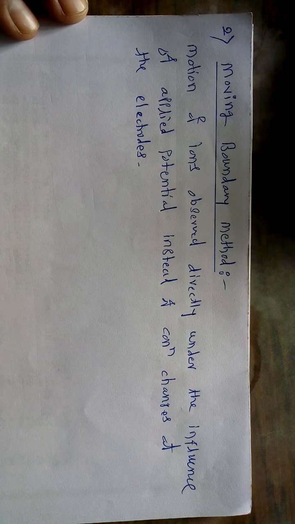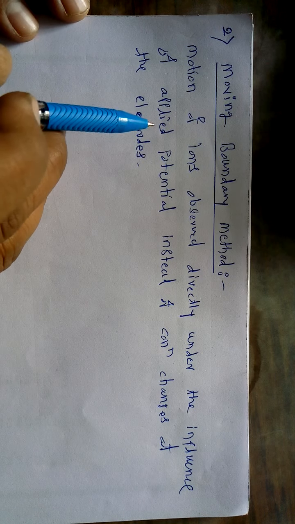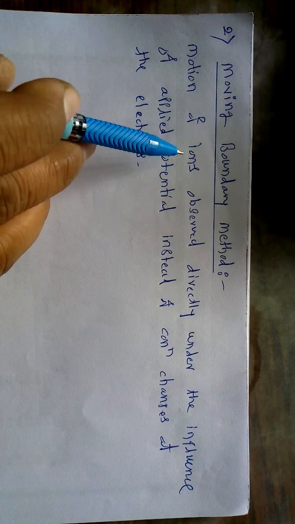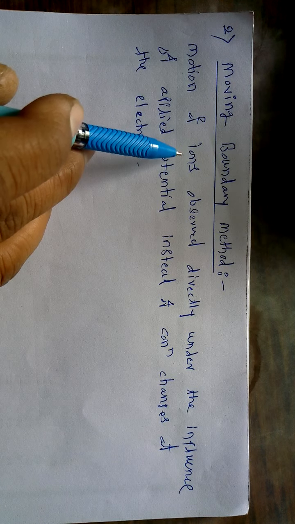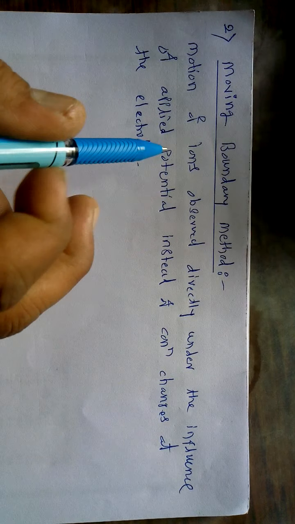As far as this moving boundary method is considered, this method is based upon the motion of ions. We have to consider the movement of ions directly under the influence of applied potential.